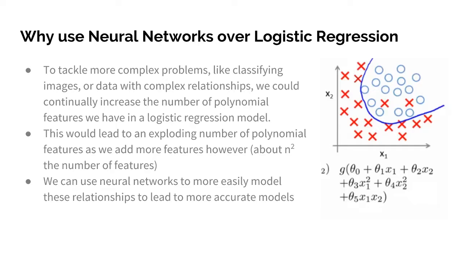If we add polynomial features, let's say we want to square each of them, and then we want to multiply each of the data points with each other, we would get on the scale of 25 polynomial features. And you can just imagine if we have 100 features, this would become increasingly untenable. And so that's why we use neural networks, to more easily model these relationships that give us more accurate predictions.